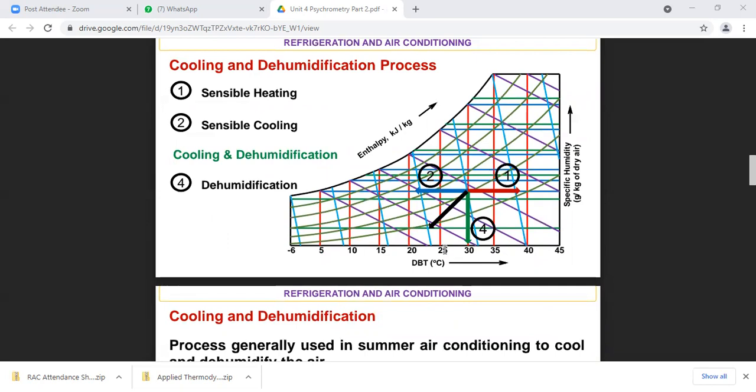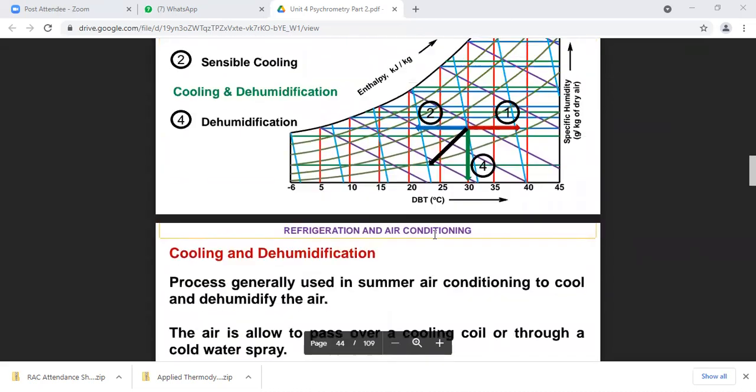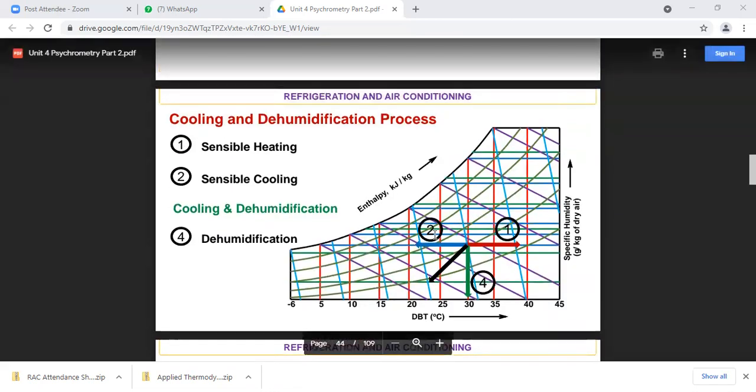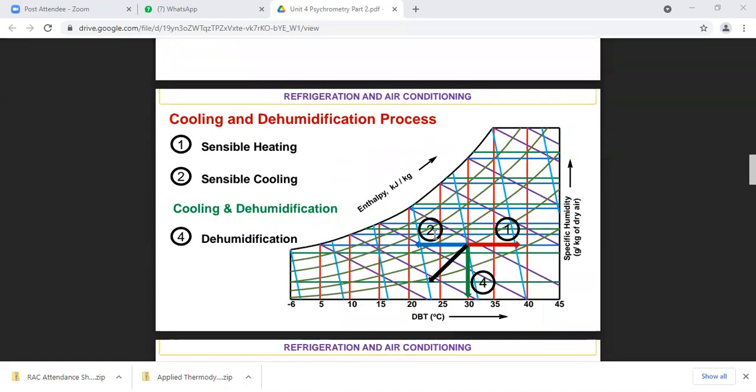So when the air is passed over a coil whose temperature is below the dew point temperature, you can see the cooling coil temperature. The air passes over the coil, the moisture condenses out, and the dehumidification results.